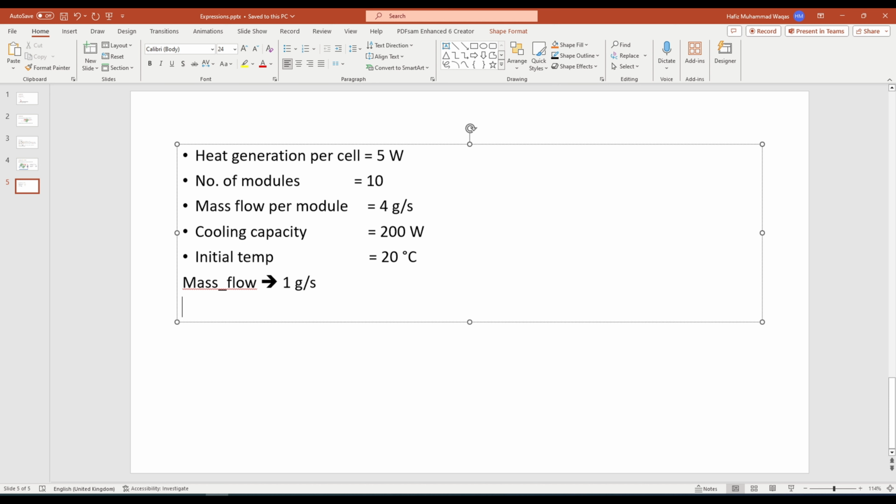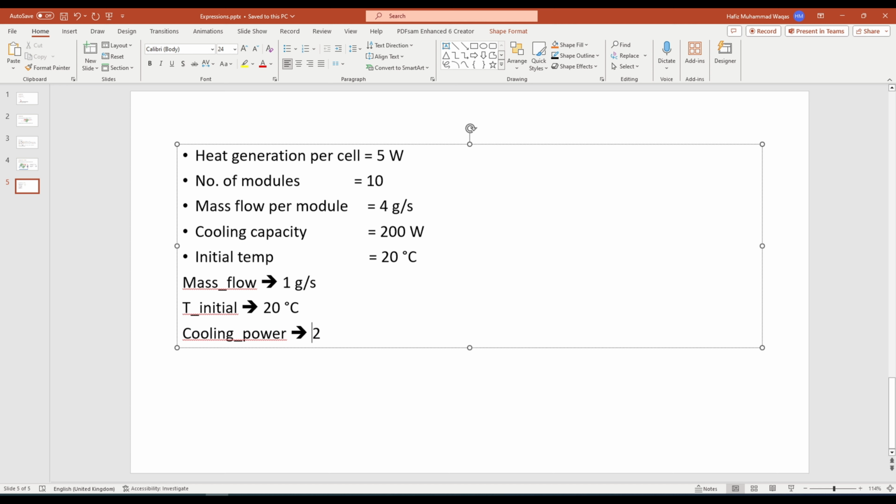And then we will define the initial inlet temperature, which would be 20 degrees Celsius. And what else do we need? Yes, cooling power. As I mentioned above, cooling power is 200 watt. What else?